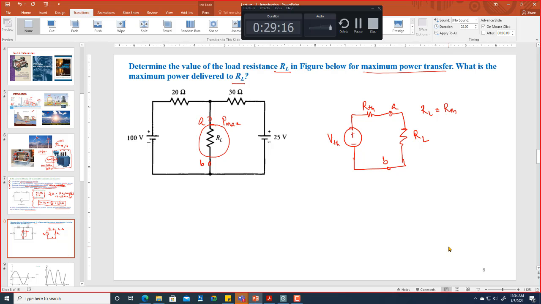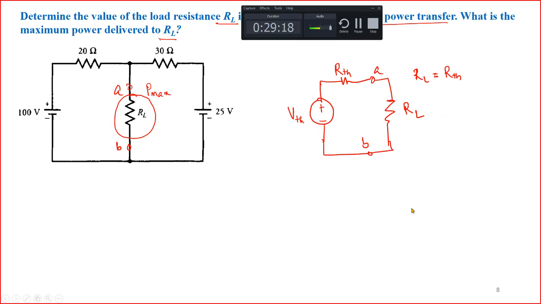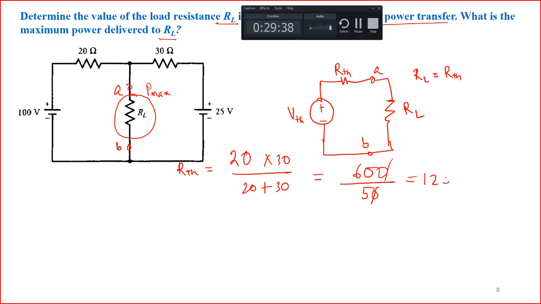It's easy because if we open it and find the Thevenin resistance, this becomes parallel, right? So your RTH will be equal to 20 into 30 by 20 plus 30, so it is around 600 by 50, so 12 ohm, right?